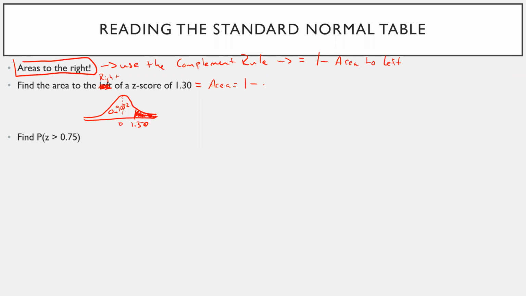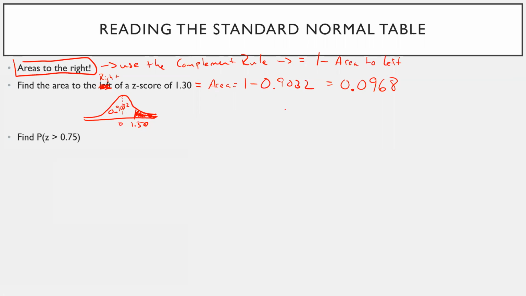So this is just going to be 1 minus 0.9032, which if you do this in your calculator, I believe you get 0.0968. Did anybody do that in their calculator? That's the right answer, I think. All right, so it makes sense that whenever I have an area shaded to the right, it's just going to be 1 minus the area to the left.